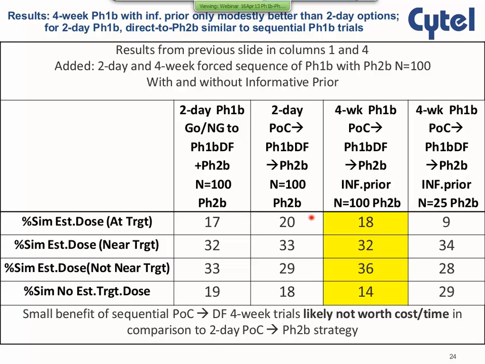You get generally similar performance characteristics with the 2-day phase 1 trials as you do with the 4-week trial where you measure the clinical endpoint and use an informative prior. So this is the key information that supports the rapid to 2B option, because there's not much gain in getting that phase 1B dose-finding information.